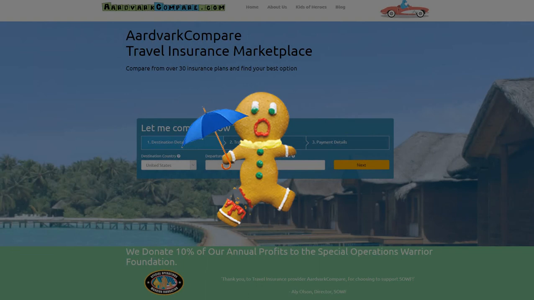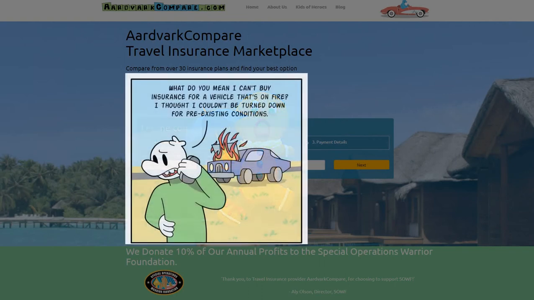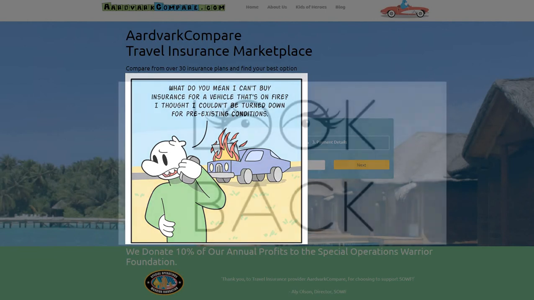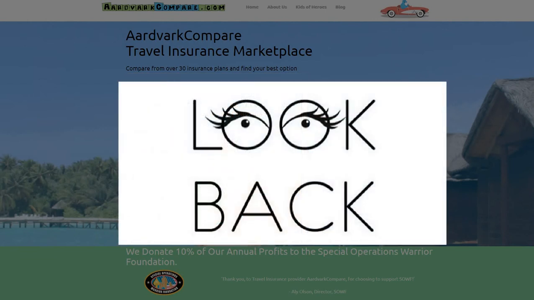If a claim is made, the travel insurance carrier will examine your health records over the look-back period. The look-back period is the number of days prior to your travel insurance policy's effective date that your insurance carrier will review for pre-existing conditions if you file a claim. So if you were medically stable during the look-back period, it's not considered a pre-existing condition.